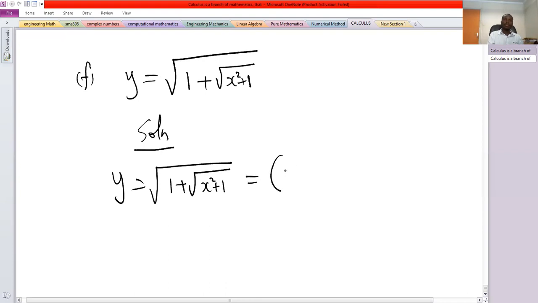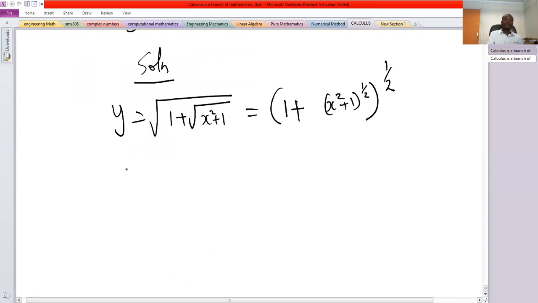You write it as 1 plus x squared plus 1 raised to a half, inside the outer square root. So this is the same expression. Now we let small u be x squared plus 1. Let capital U be 1 plus u power half.